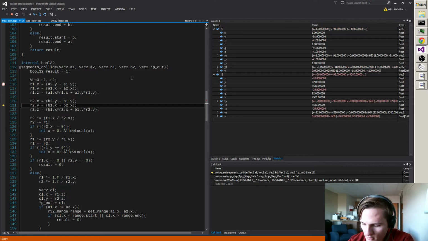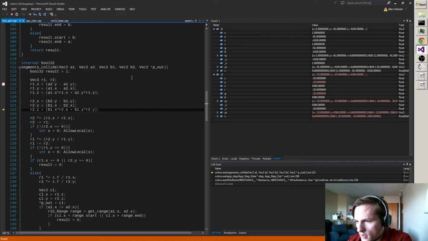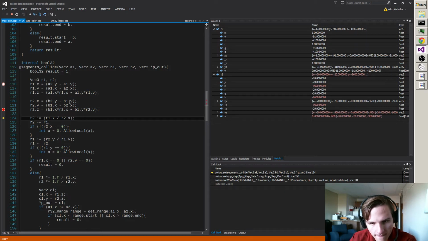And this one down here, negative 20, negative 20, and negative 9600. Okay. 30, 50, 430, 450. Sure, because I haven't moved that one at all, so that makes sense.